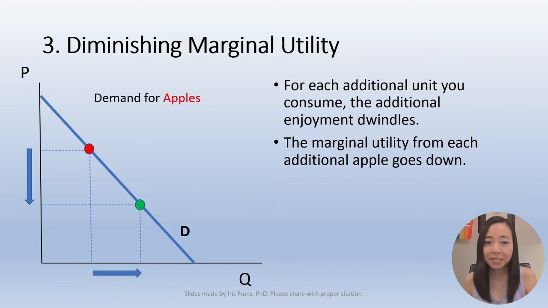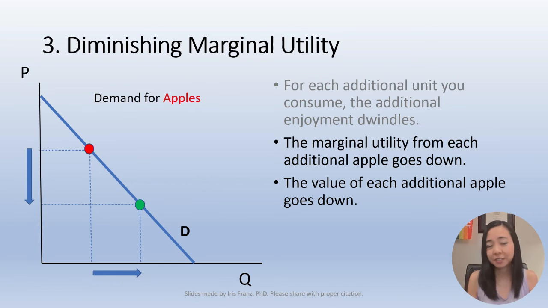Here is what we call diminishing marginal utility. Each time you consume an additional apple, the enjoyment it brings starts to dwindle. The first apple tastes great. The second one is still satisfying, but by the third or the fourth, the excitement fades. This is the principle of diminishing marginal utility.